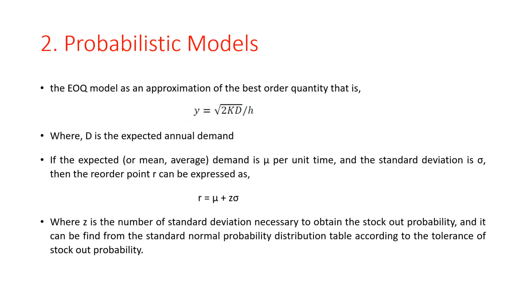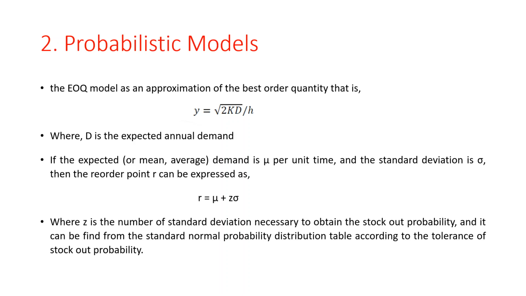If the expected demand, that is the mean or average demand, is mu per unit time and the standard deviation is sigma, then the reorder point R can be expressed as mu plus Z sigma. Here the expected average demand is mu, and for covering the demand I am considering mu plus the standard deviation, where sigma is the standard deviation and Z is our certain level.